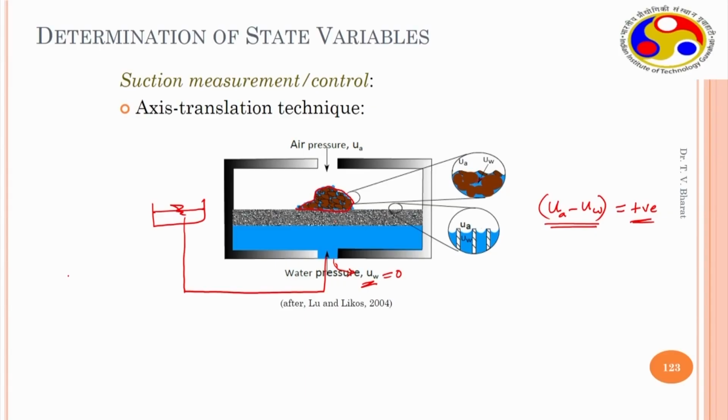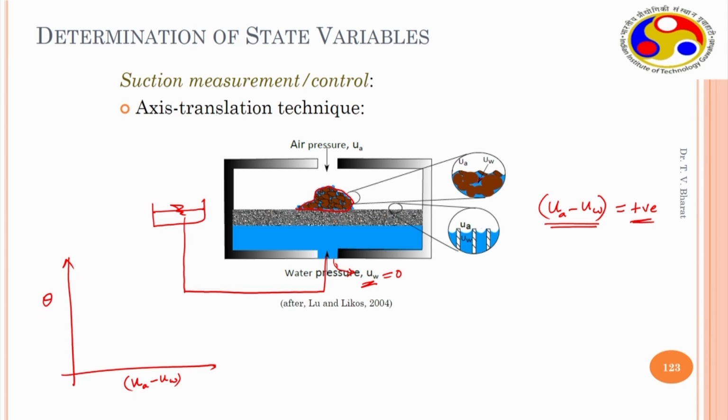So when U minus UW, which is plotted on the x-axis, is increased, the water content, which could be gravimetric or volumetric, or here you are measuring the volume of water which is coming out, so it could be volumetric water content, starts decreasing.